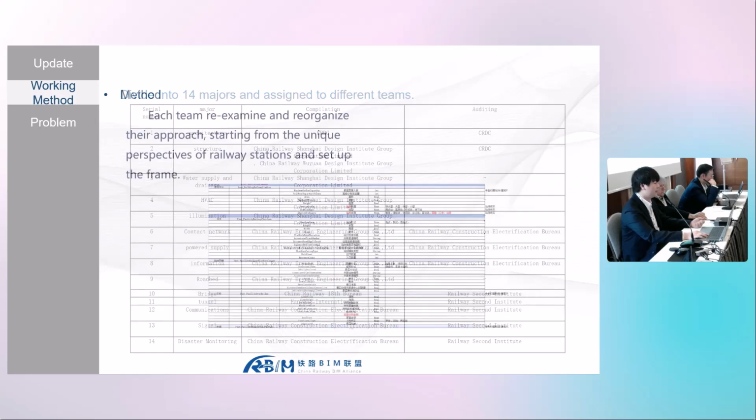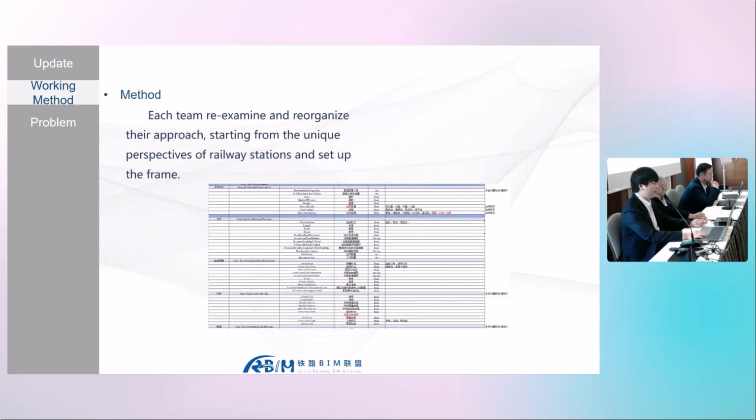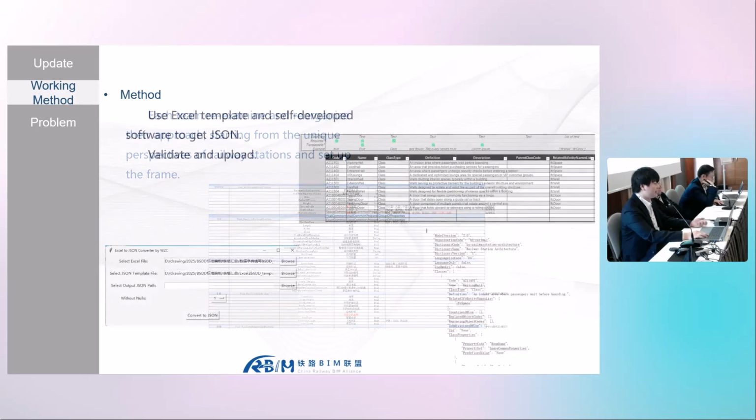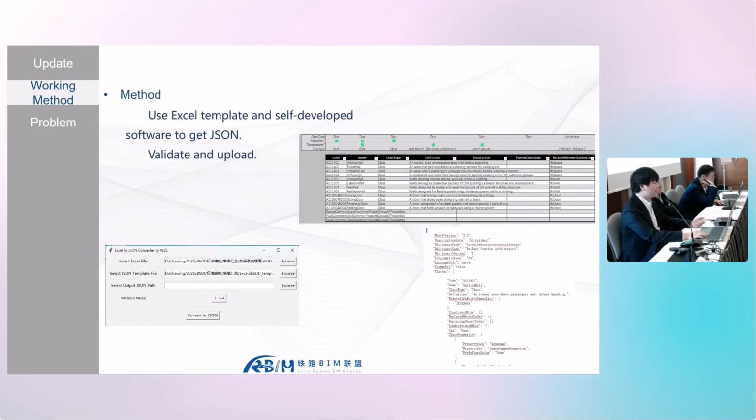And our method is: each team examines and reorganizes their approach, starting from the unique perspective of railway stations, and sets up the frame first. And then we use an Excel template and self-developed software to get JSON, validate, and upload.